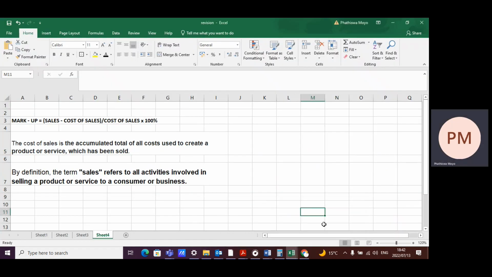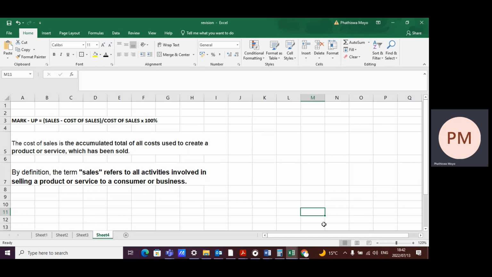So now what is markup? The markup is really the profit. It's how much you've made in selling the good. So your markup is the sales price of the goods, taking out the cost it takes to make the good, divided by the cost to make the good, times 100, then you get the markup percentage.